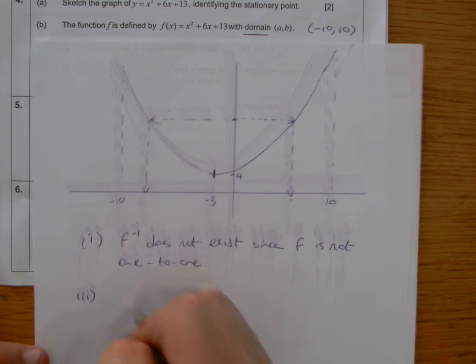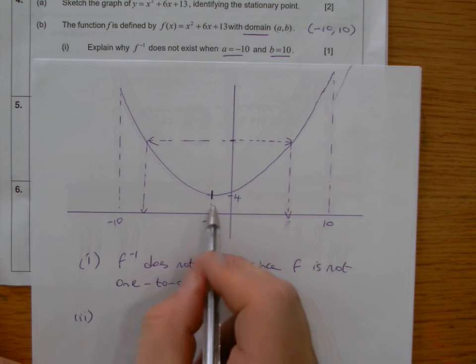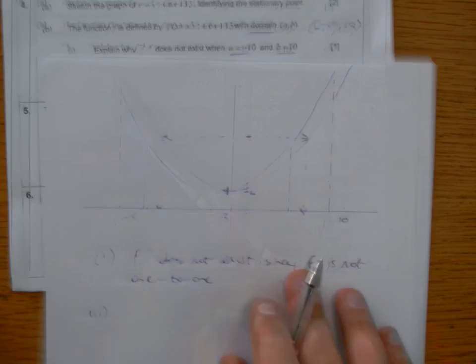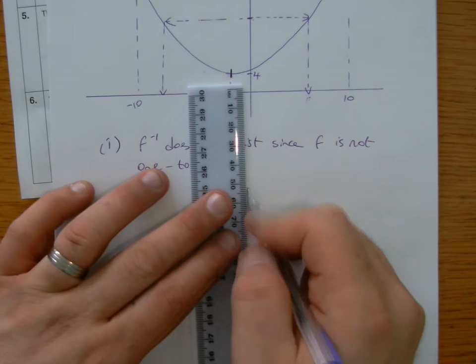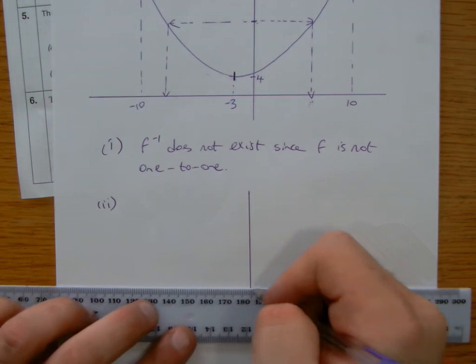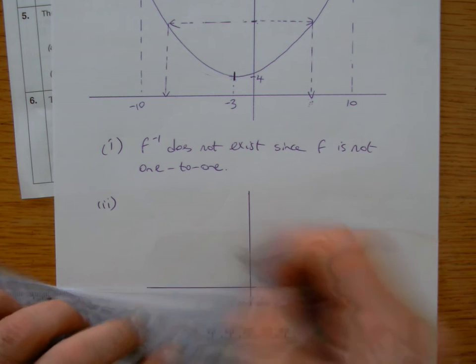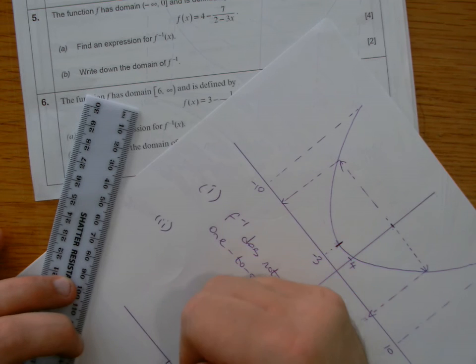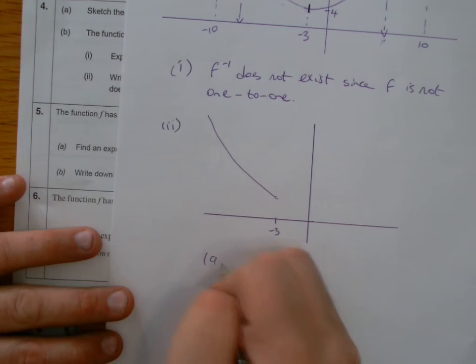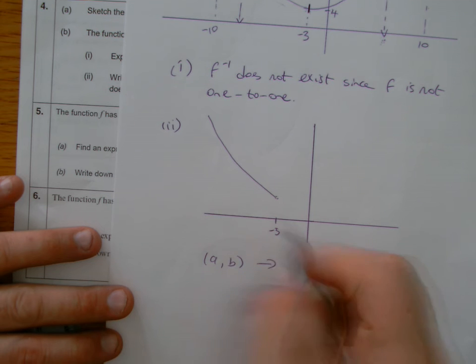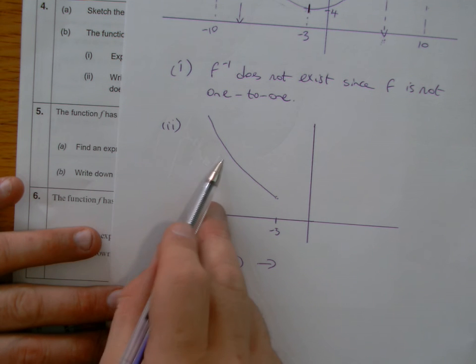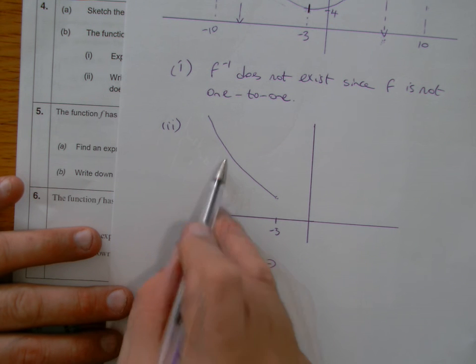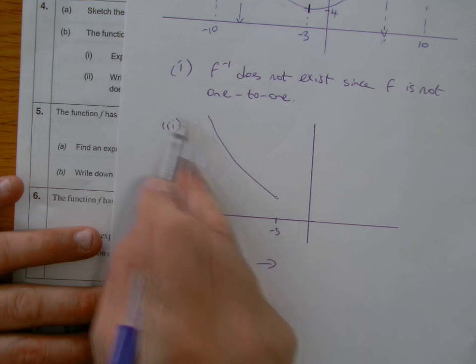If we take this part of the curve instead and restrict the domain so that we have a one-to-one function for f, we've got minus 3, and then we look at the negative part of the curve along the x-axis there. So in terms of what I set my a and b to be, a can be anything you want. It could be minus 10, because they let you make the choice. You could restrict it to wherever you want.